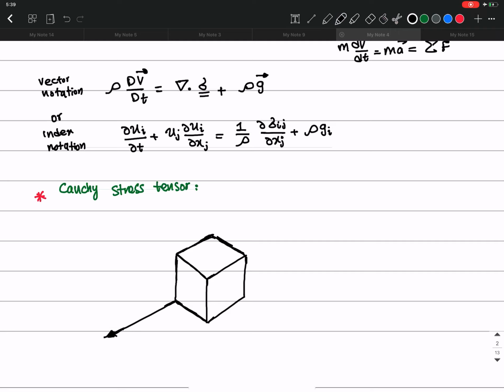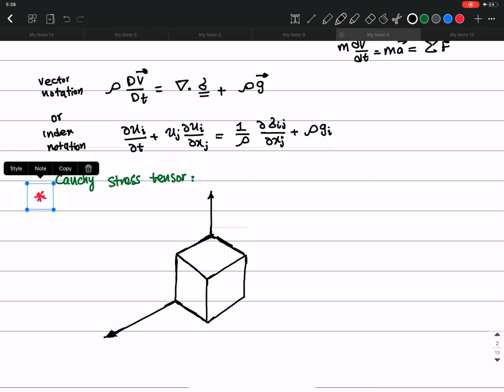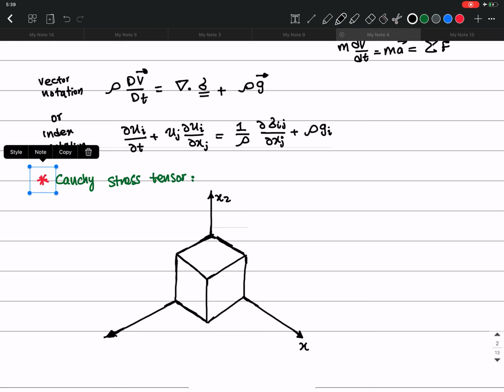This is x2. So we name these axes. This is x1, this is x2, and then this is x3. Okay.